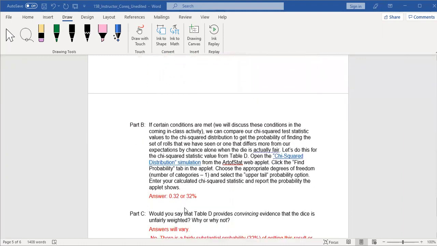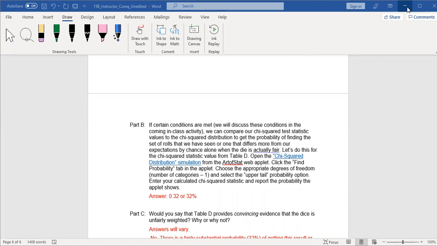Part B. Let's do this for the chi-square statistic value from table D. We open the chi-square distribution simulation using the applet, go to the find the probability tab, and choose the degrees of freedom.